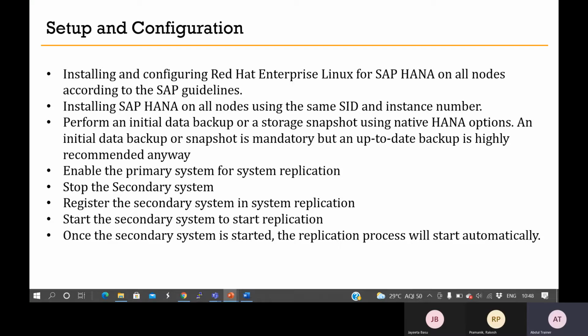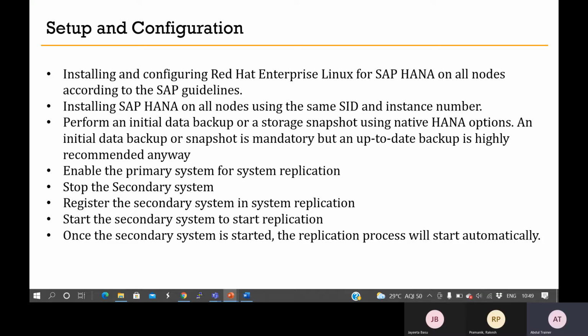Once backup is completed, we enable the HANA system replication at the primary database. Then the next step is to stop the secondary system using the SDB stop command. Then we have to register the secondary system in the HANA system replication. We have enabled HANA system replication in the primary system.